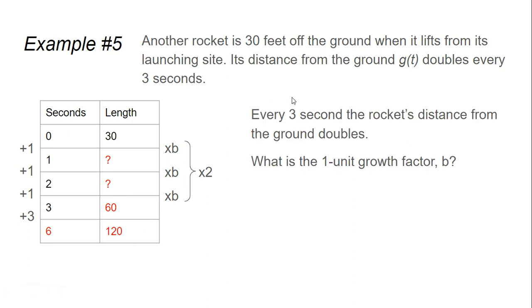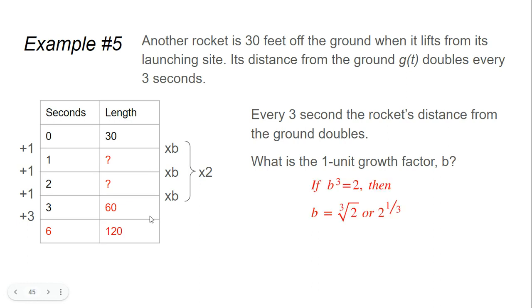Well, if that's the case, and if I wanted to represent the scenario with an equation, I can think to myself, all right, if every 3 seconds the rocket's distance from the ground doubles, well, in order to write an equation, I need to know what the 1 unit growth factor is. I need to know how much I'm going up each single time, not every third time.